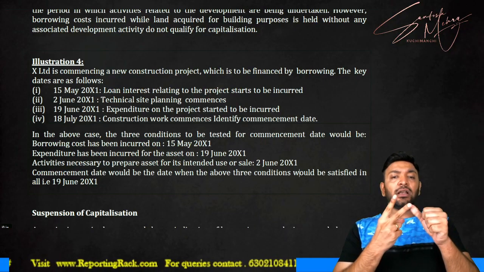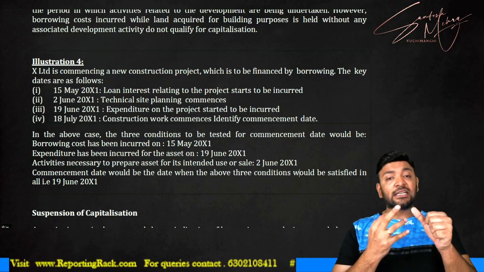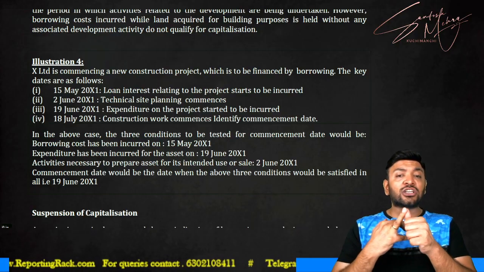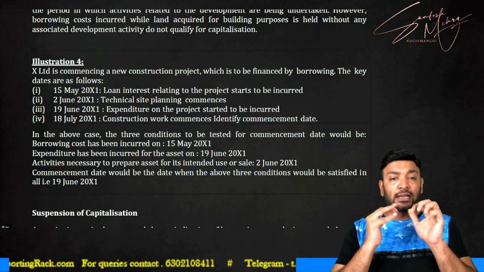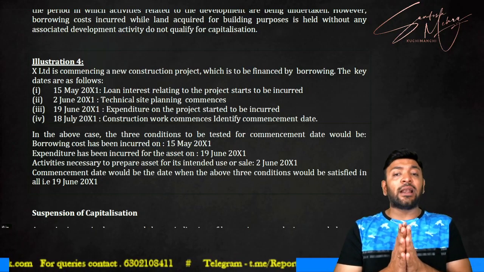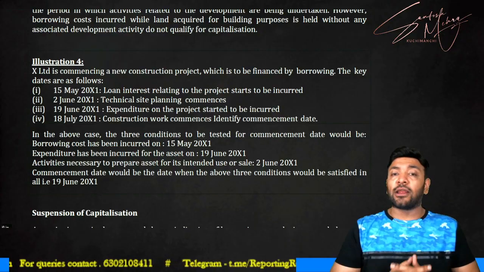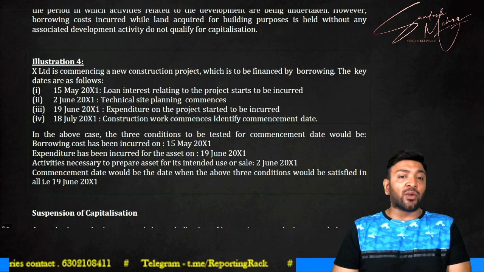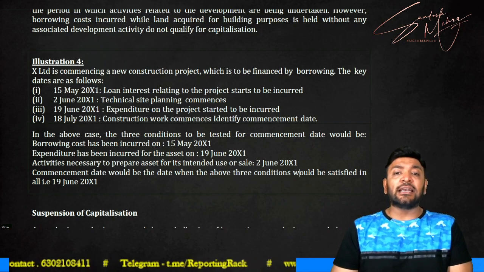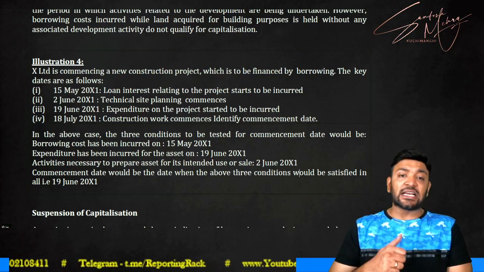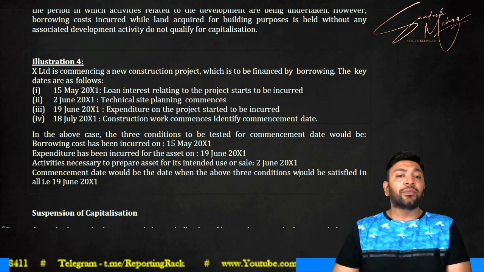Borrowing cost should be incurred. Expenditure on qualifying asset is incurred. Activities necessary for the construction of qualifying asset are in progress. Only when all the 3 conditions are satisfied, we will start capitalizing the borrowing cost towards the cost of the asset. So 15 May 2021, loan interest relating to the project starts to be incurred. So first condition satisfied, borrowing cost is incurred.